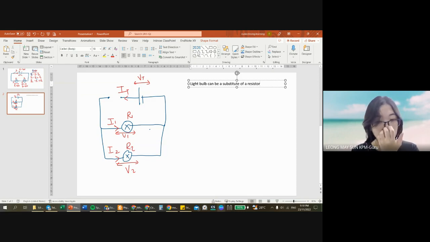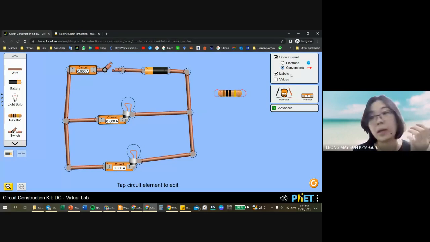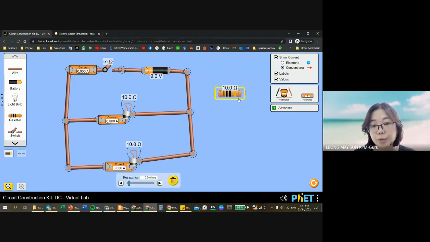In RBT, your resistor looks like this. Okay, this is your resistor in RBT. But in physics, we don't use a resistor already, honestly to say. We don't use this kind of resistor. We normally use a light bulb or we will use a rheostat. Rheostat is a variable resistor. The value of the resistance can be changed. That is what we call a rheostat. I'll show it to you when I'm preparing you guys for the ujian amali.